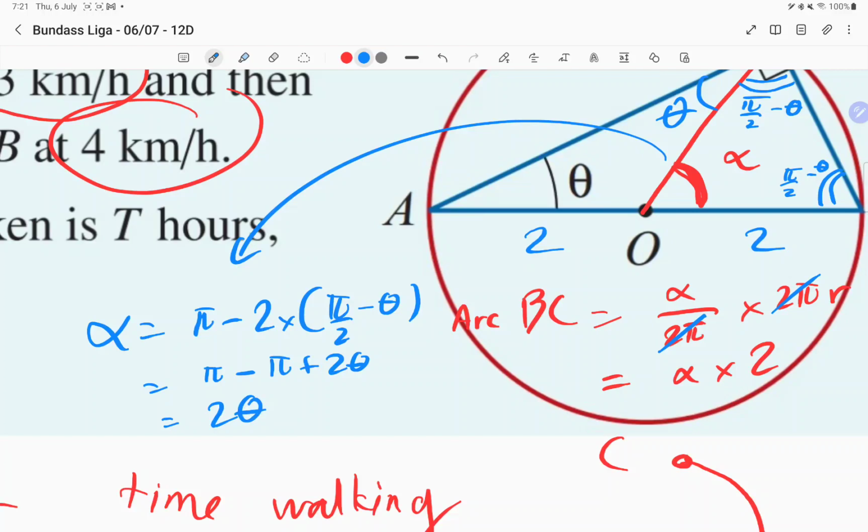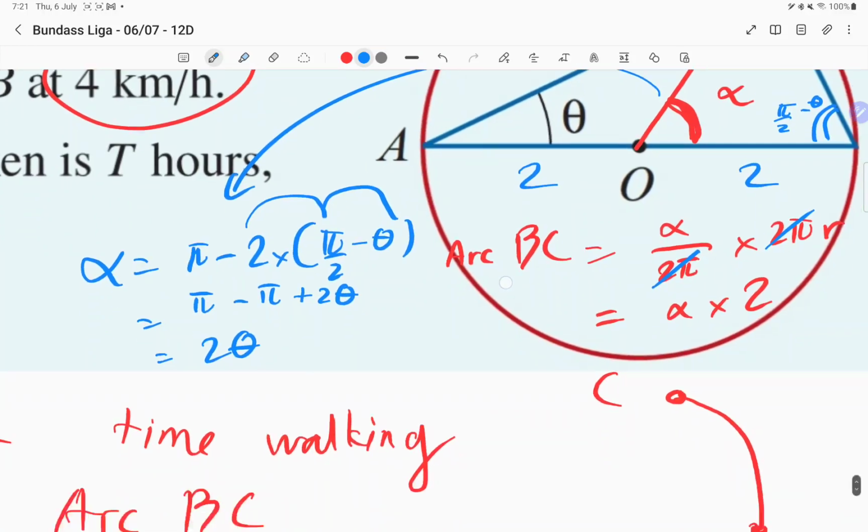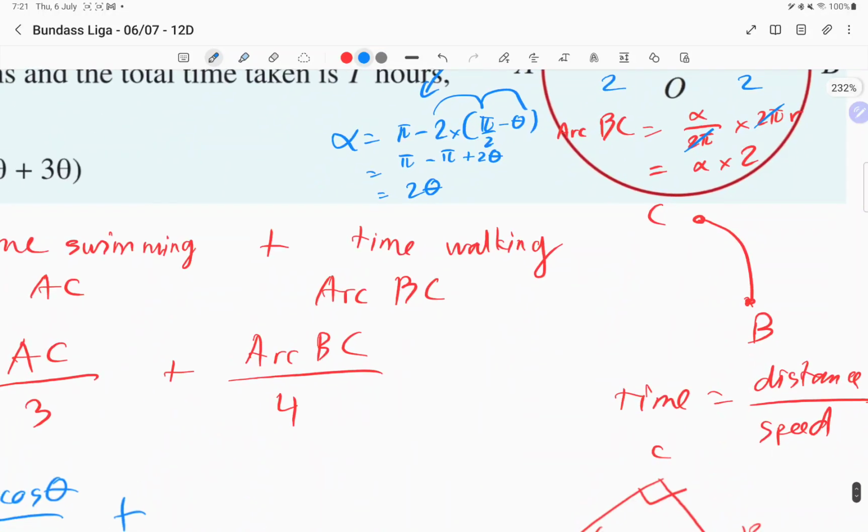When you multiply, it will be 180, which is pi. That's the first mistake I made. Fix that one up. And then the negative 2 has to multiply into each of these. So negative 2 times the first would be minus pi, and negative 2 times negative theta is plus 2 theta. So pi minus pi is 0, leaving 2 theta. So the angle alpha is 2 theta.